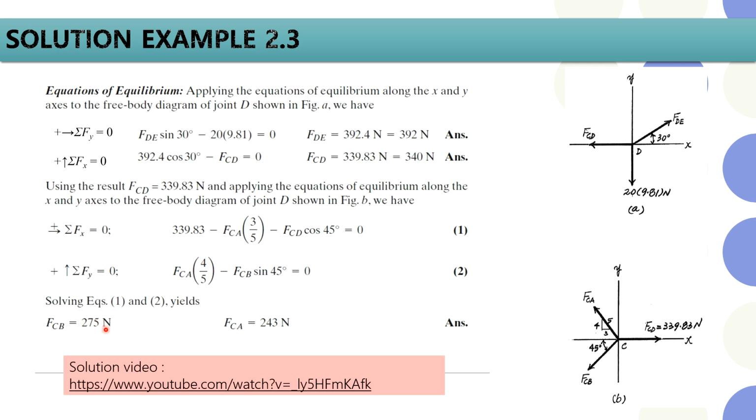Then you solve equations 1 and 2, and that will give you the force of CB equals 275 Newton and force at point CA equals 243 Newton. You can also take a look at the solution video for this example at the YouTube link given here.